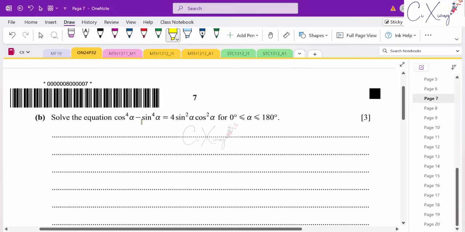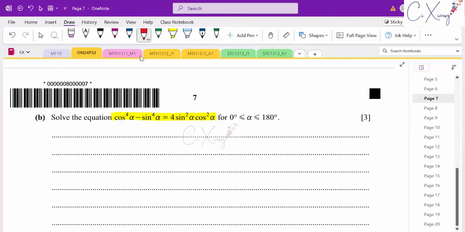For part B, they want you to solve the equation for alpha between 0 to 180. You can see that this equation basically is the same as what they want us to prove earlier, because if you rephrase it, you will have this equation: cos power 4 alpha minus sine power 4 alpha, then minus 4 sine square alpha cos square alpha equal to 0, right?